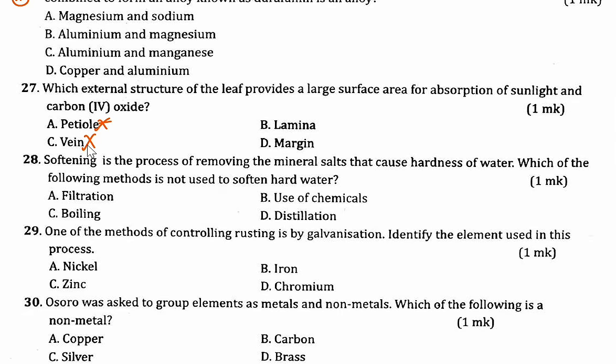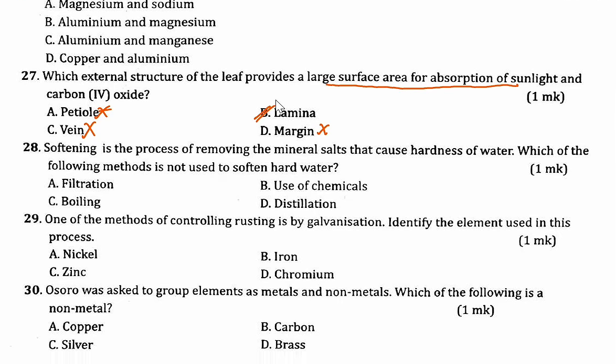Veins have xylem and phloem vessels; xylem transports water from the roots to the leaf, and phloem transports manufactured food from the leaf to other parts of the plant. We have margin. Remember, we are talking about a large surface area for the absorption of sunlight. Therefore, margin is not true. The answer is lamina, part B.